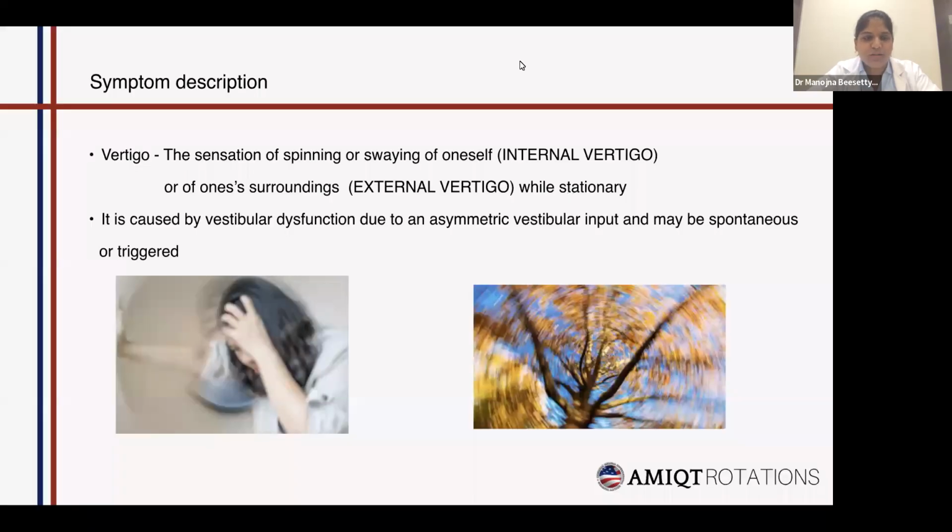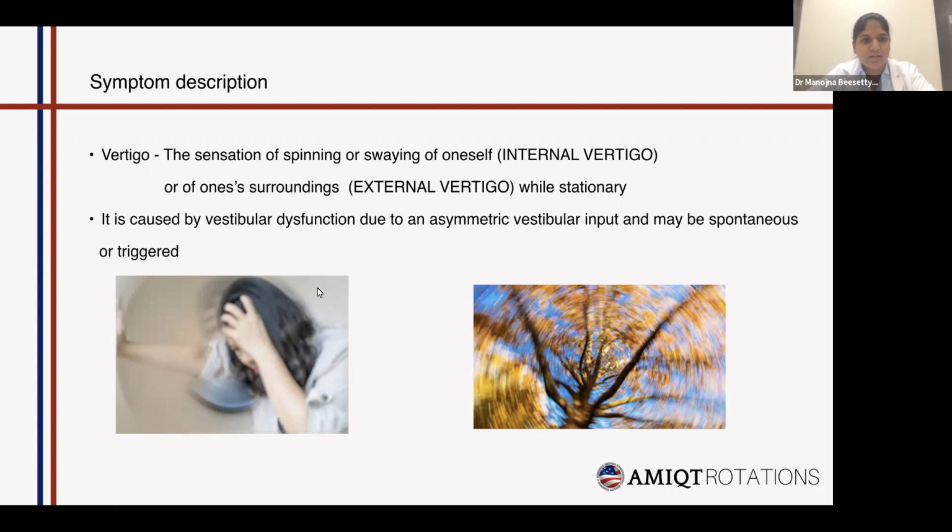To start with, vertigo is a sensation of spinning or swaying of oneself, that is the internal vertigo, or of one's surroundings, the external vertigo. The pictures below depict the two kinds of vertigo. The girl swaying shows how an internal vertigo feels, and the image of the tree spinning around shows how an external vertigo feels.